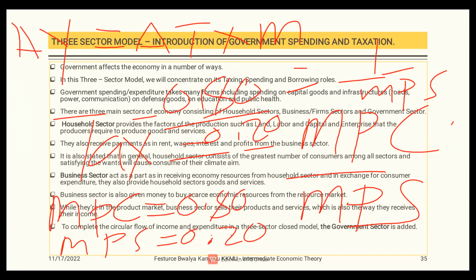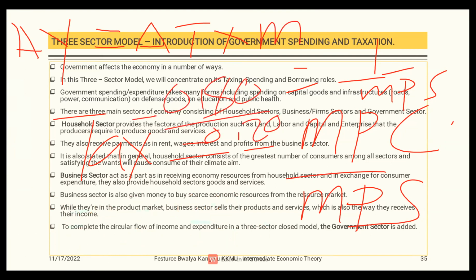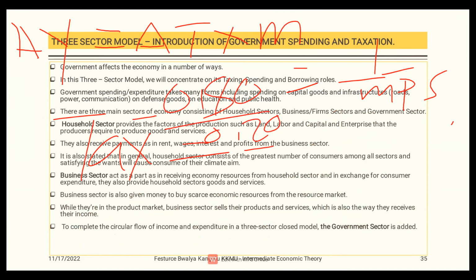That would be negative 4. So the negative is only for the MPC, right? Yes, it will be for everything. There is just one negative, but the answer, the tax multiplier, is always negative.